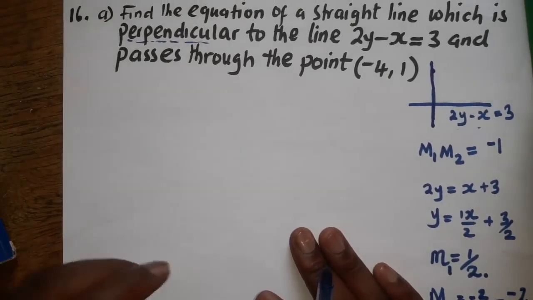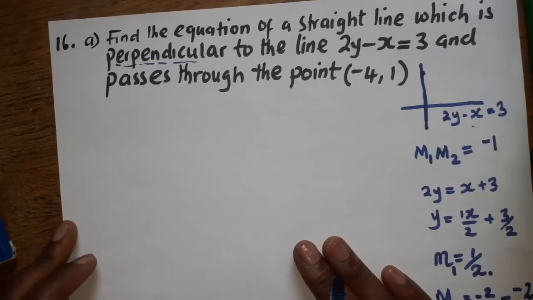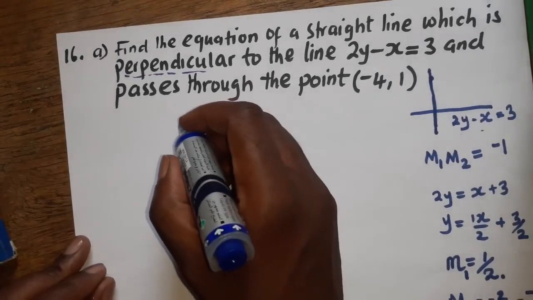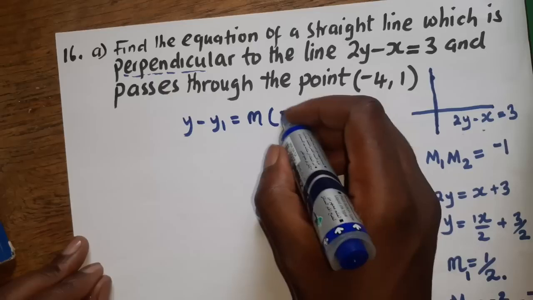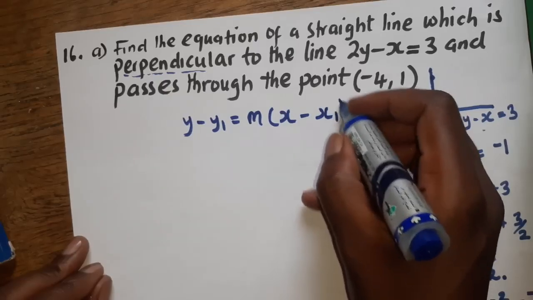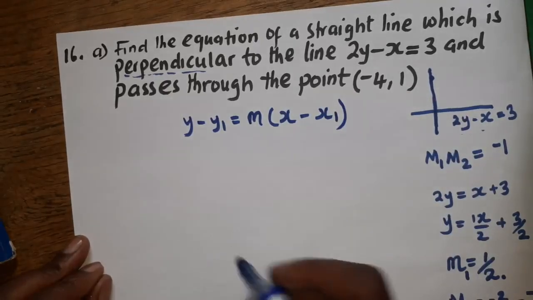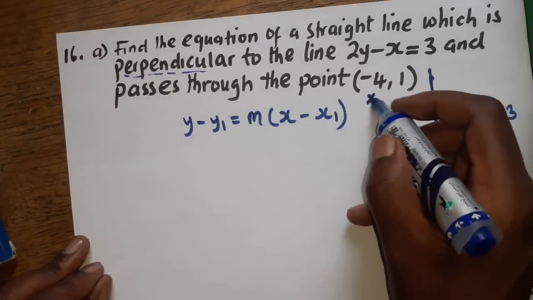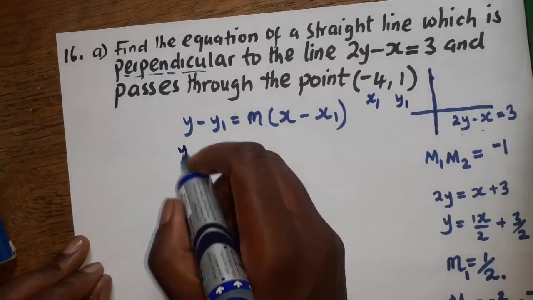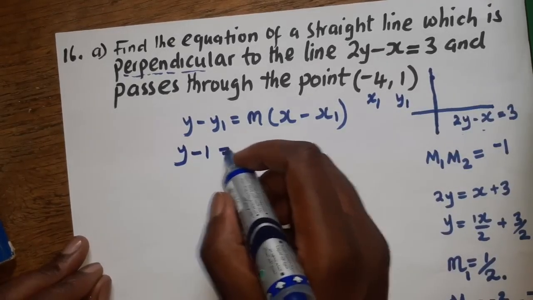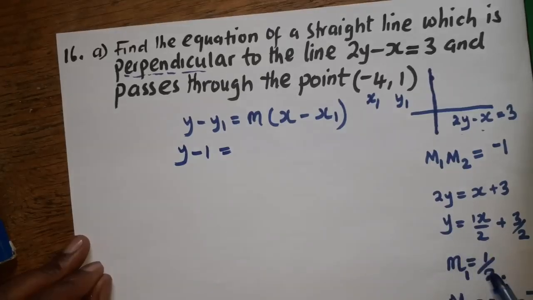So now we need to write the equation using the formula. We take this one as our x1, this one as our y1. So we have y minus 1 equals our m.